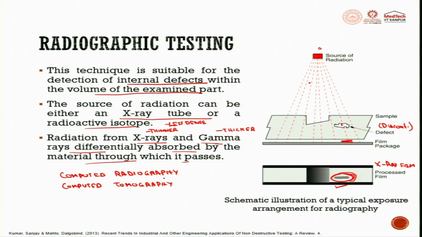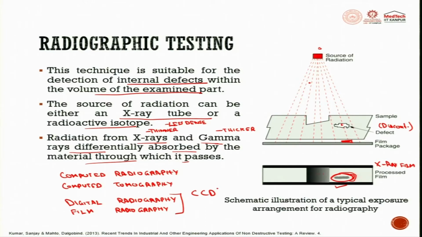Then we have digital radiography and film radiography. In the digital system, the radiation that passes through the object is digitized directly into an image that is displayed on a computer monitor. The devices, just like in reverse engineering, could be CCD, which are charge coupled devices, and it definitely has amorphous silicon in it.